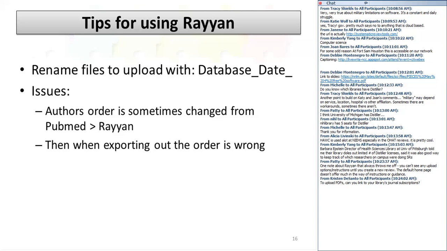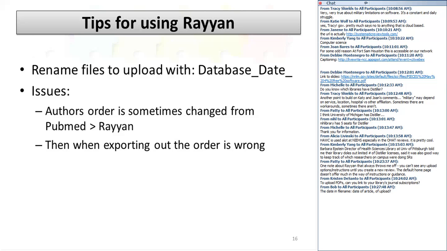So I'm trying to do a little bit of testing on that and see exactly what's going on, because it's not happening with all databases and it's not happening all the time. If anybody knows anything about that, I would love to know a workaround. What we've been doing is, once we've picked our included, I scroll through to check that the first author name is right, and if it's not, fix it from there. It hasn't been a huge problem, but it's definitely something to look at.